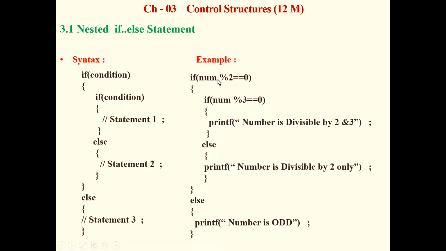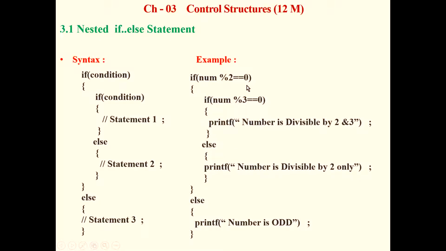Then second, if the first condition is true, then you check the second condition. The second condition is for divisibility by 3, so num % 3 is equal to 0. If both conditions are true, then it prints the message number is divisible by 2 and 3. Second possibility, if the first condition is true and the second is false, it displays number is divisible by 2 only.